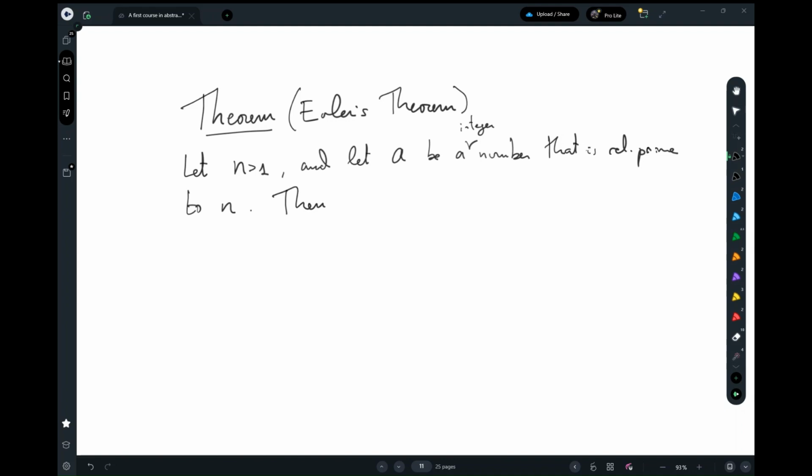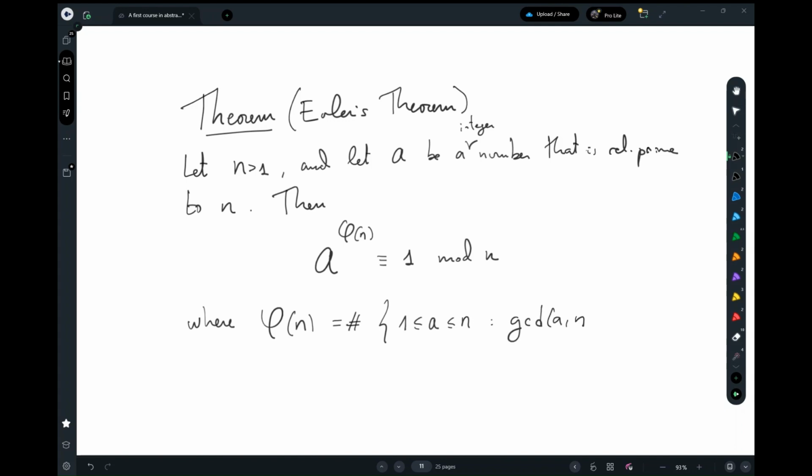Then A to the phi of n is congruent to 1 modulo n, where phi of n is defined as the number of numbers in the interval from 1 up to n that are relatively prime to n. This is called the Euler phi function.